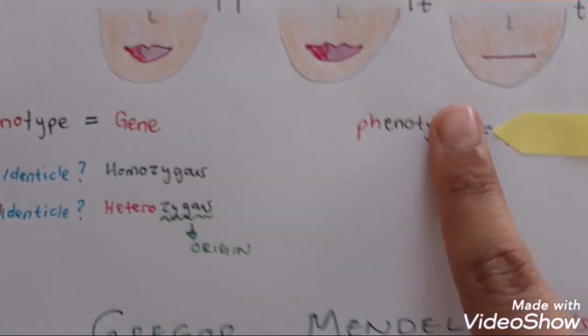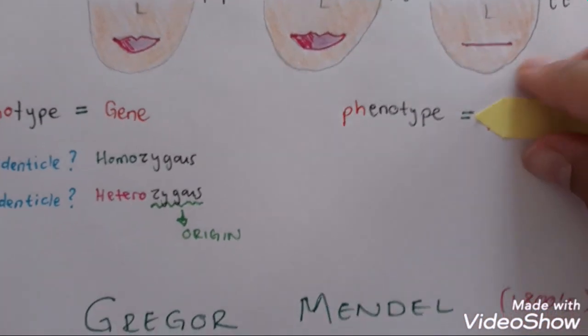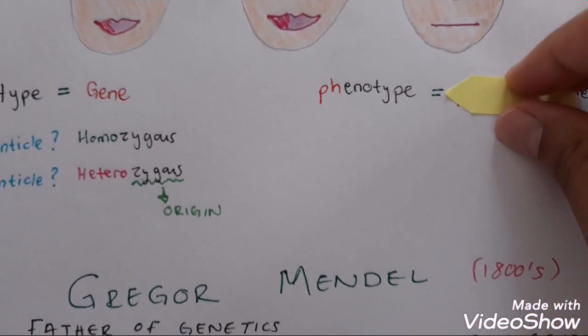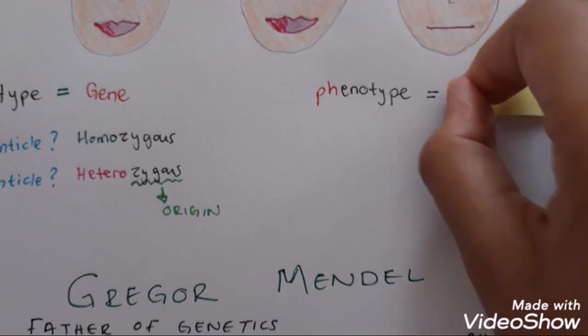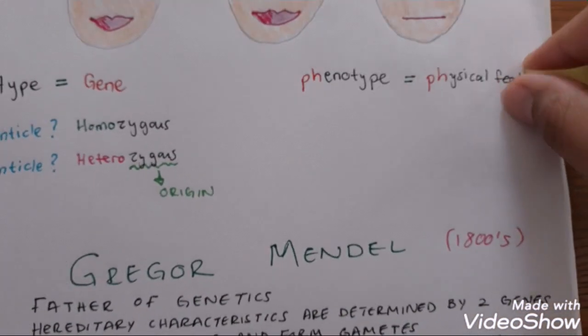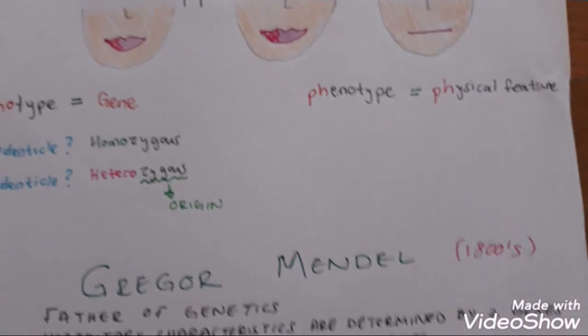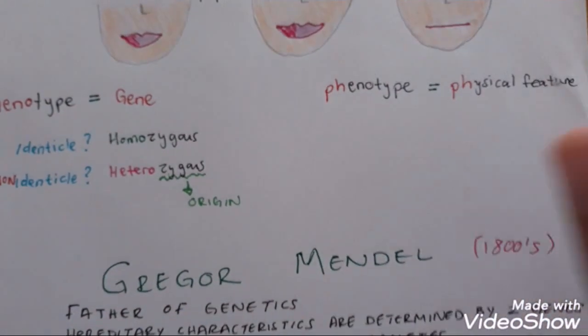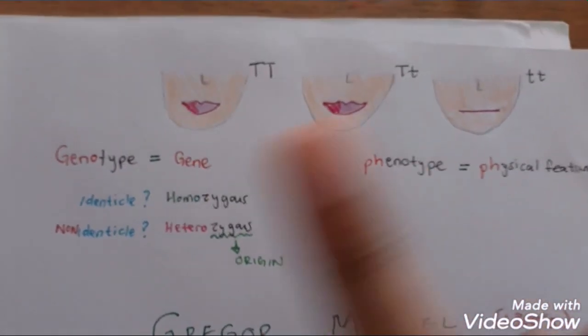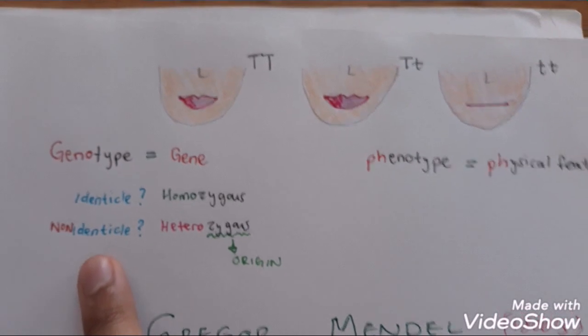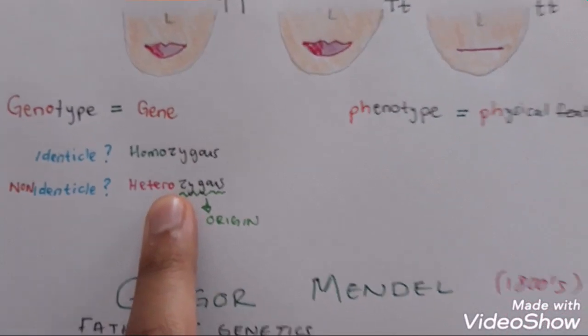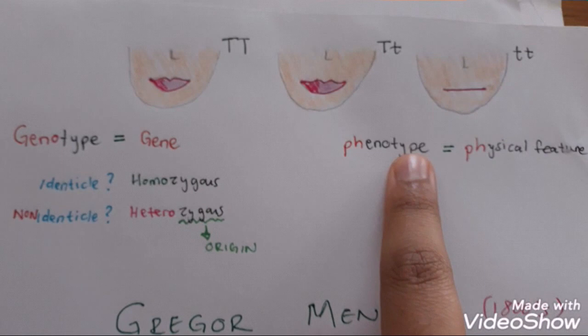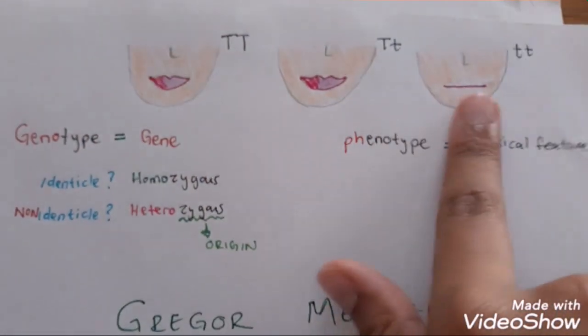Now the phenotype, as you can hear, means the physical features. Okay. The phenotype does not speak about identical or non-identical, homozygous or heterozygous. The phenotype is what is expressed, what you can see.